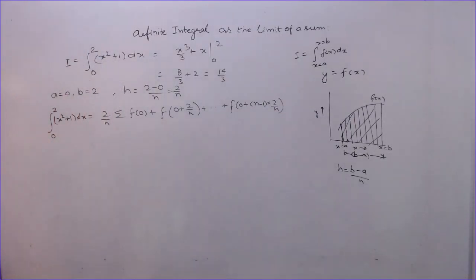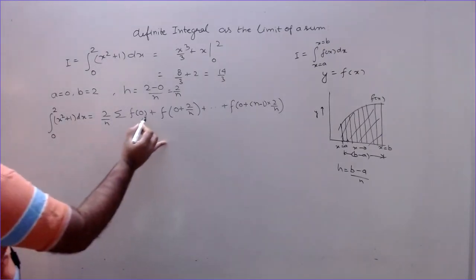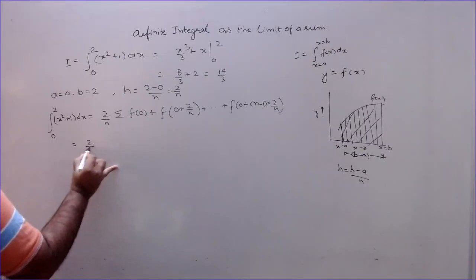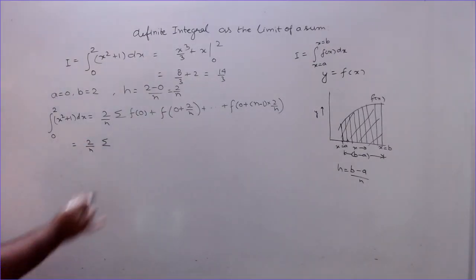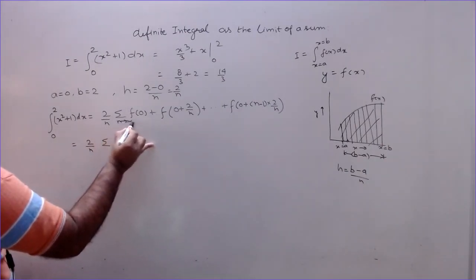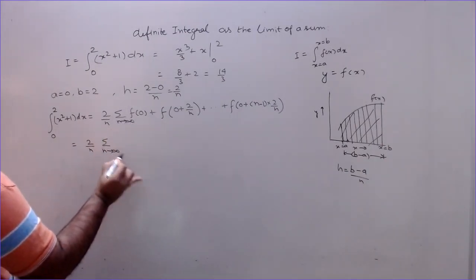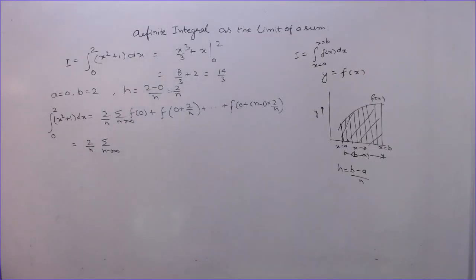So the summation of all these terms will give you the value of this integration. So you will put the value here. So this is 2 by n summation, and remember that n is tending towards infinity. That is, we have divided the area under this curve into an infinite number of such parts.